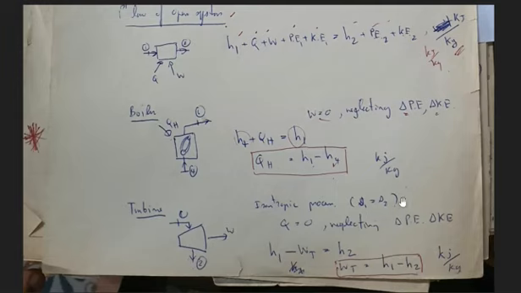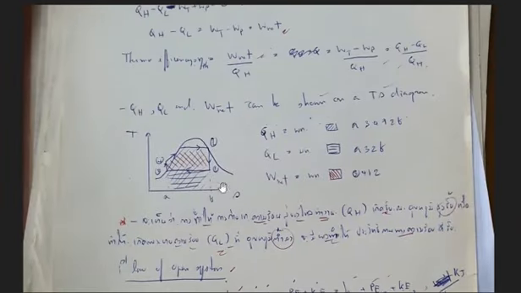Entropy is another property for water and steam. H is enthalpy, S is entropy. And if you look at this graph, you can see that from point 1 the steam enters the turbine and comes out at point 2.